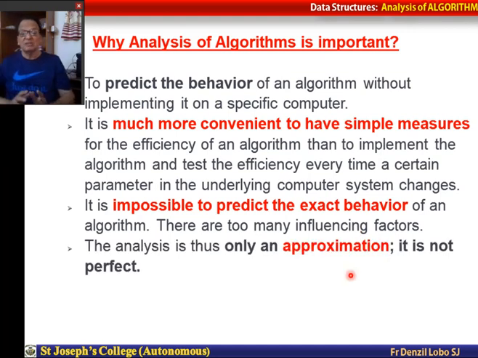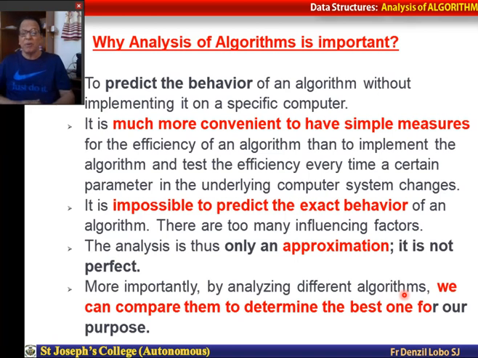Analysis is thus only an approximation. It is not perfect, so we know it is somewhere close to this, but cannot say that it is the perfect answer to a problem. More importantly, by analyzing different algorithms, we can compare them to determine the best one for our purpose. So this is why we do analysis of algorithms in computer science.